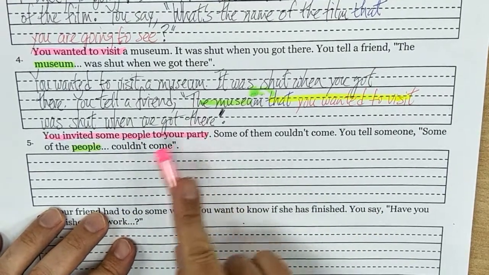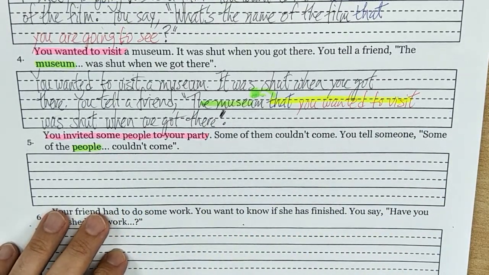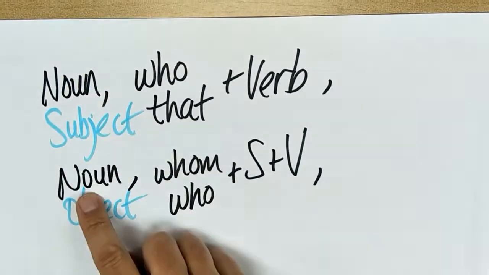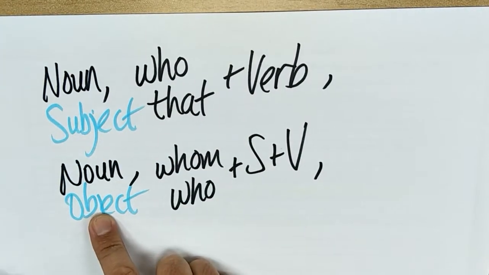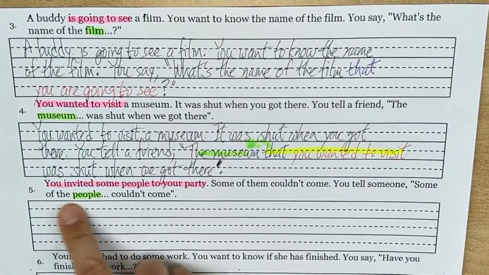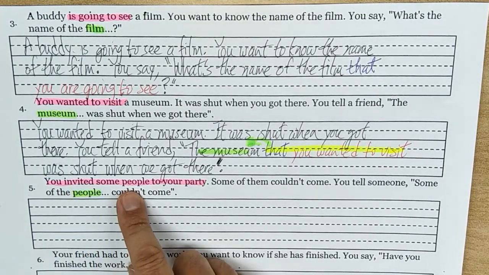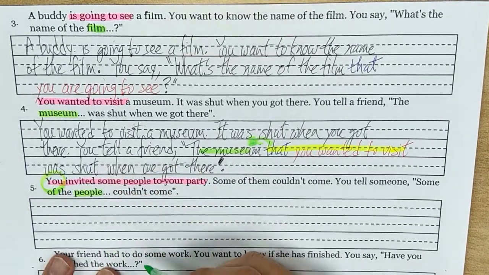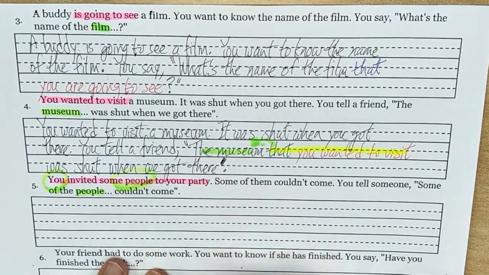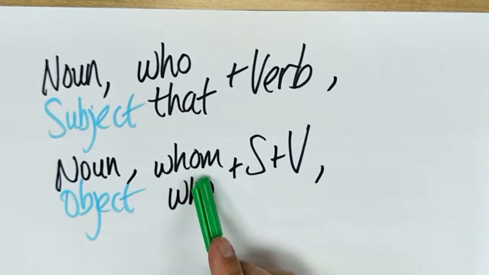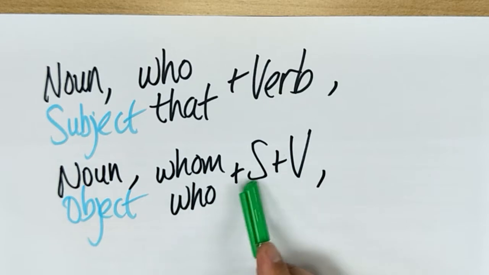I'm going to use this to describe the people. And this is people, a noun, right? And this is you invited some of the people, right? You invited some people. Well, look here. This is the subject. Some people is the object. So this people is the object. So we're going to use whom. Whom plus subject plus verb.